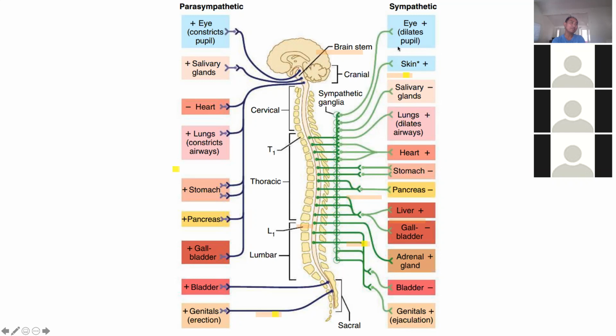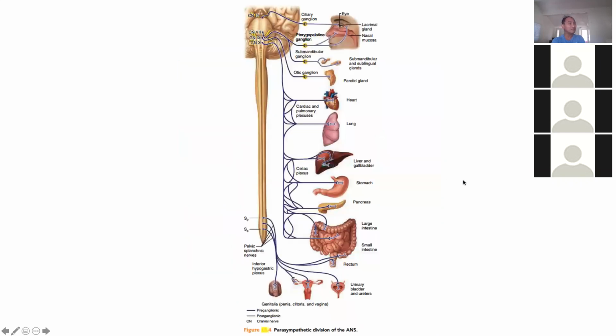So that is the difference between sympathetic and parasympathetic division, and this is a little bit more related to our gastrointestinal tract. Parasympathetic has a positive pushing effect on all the organs in the gastrointestinal tract.